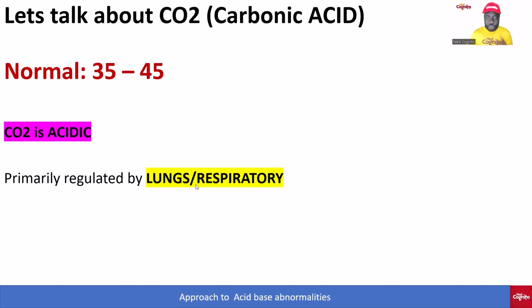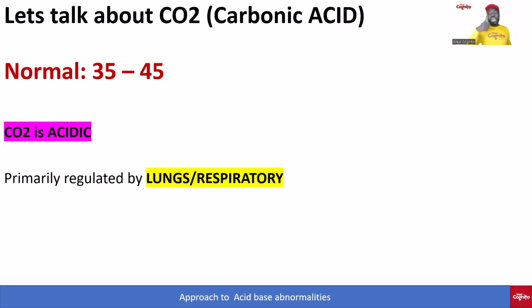Okay, good. So again, I want to reemphasize the 2 numbers I need to remember: 35, 45. Normal pH is 7.35 to 7.45. In reality I should say 7.35, 7.45, but I'm saying it this way so we remember. Normal CO2 is 35 to 45. CO2 is acidic.